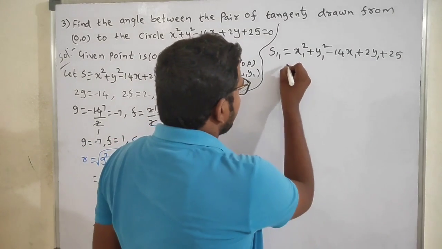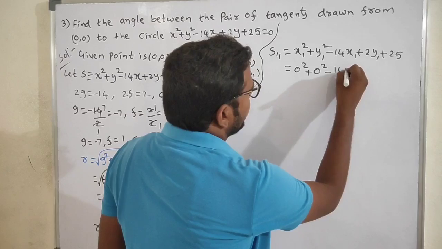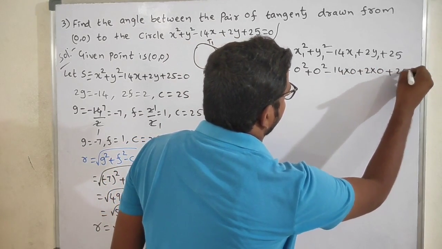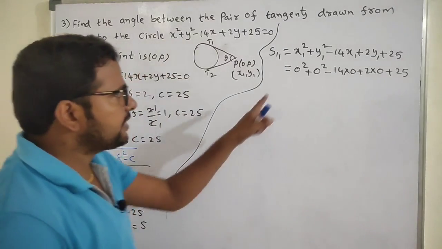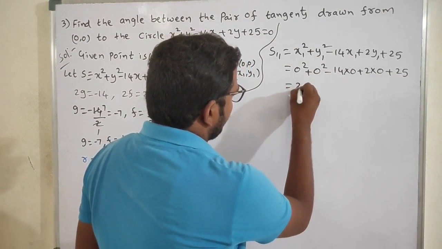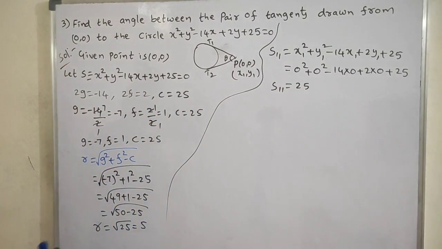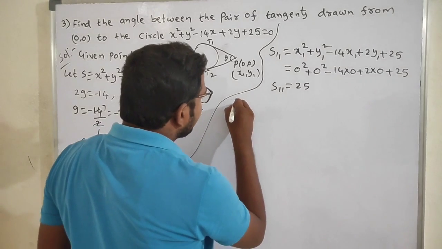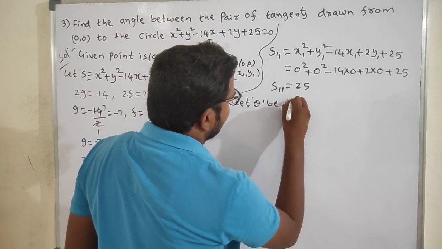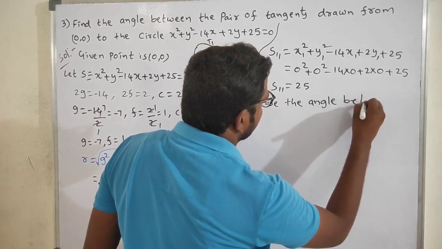So 0 square plus 0 square minus 14 into 0 plus 2 into 0 plus 25. Okay? All these terms are zeros, so the total is 0. 0 plus 25 is 25. So S11 is equal to 25. Now let theta be the angle between the tangents.